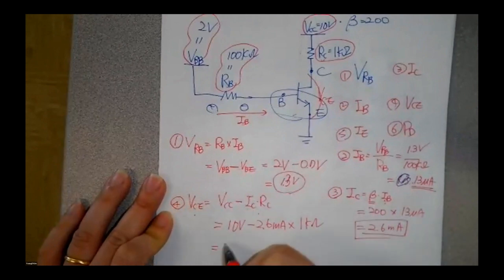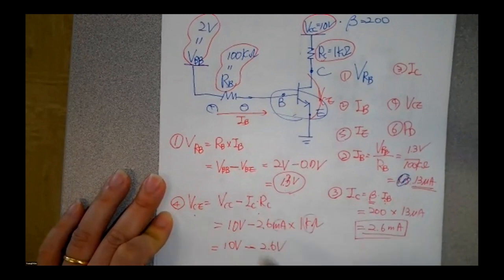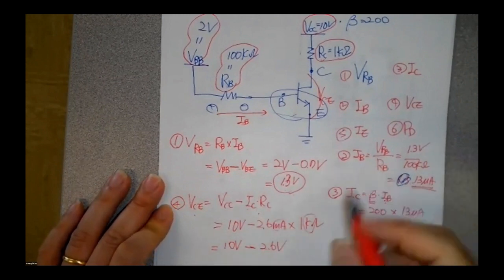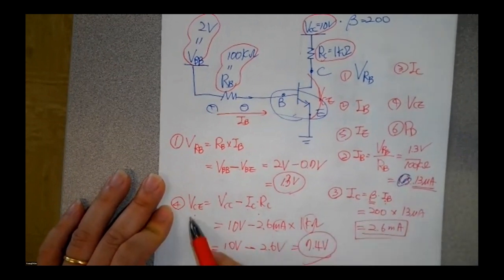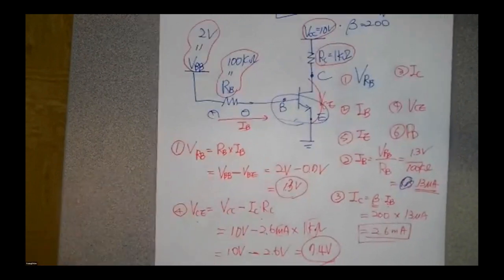So 10 volt minus 2.6 volt. Why? The kilo multiplied by the milli cancel. So that was 7.4 volt. So V sub CE is 7.4 volt.